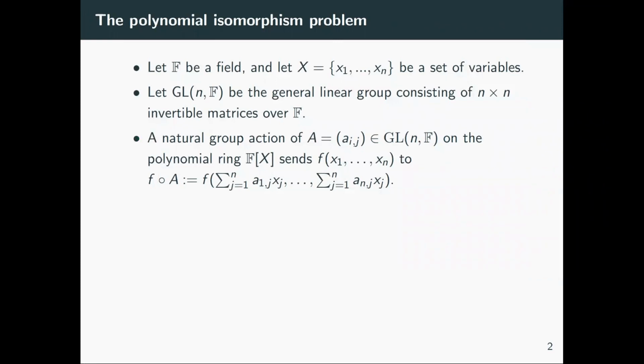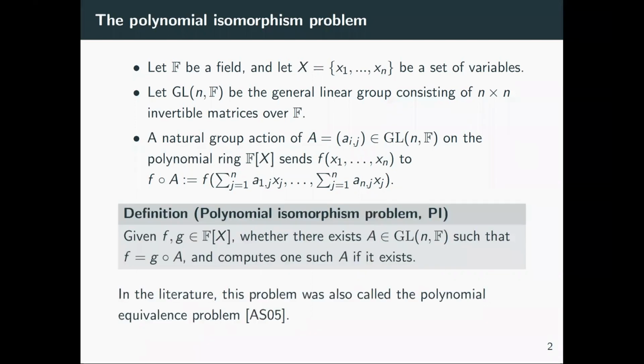Suppose F is a field and x is a set of variables, and GL_n(F) is the group of invertible matrices over field F. Then an invertible matrix A sends f to g, where each new variable is a linear combination of the original variables given by a column of A. The problem asks: given two polynomials f and g in F[x], can we find an invertible matrix A such that A sends f to g?